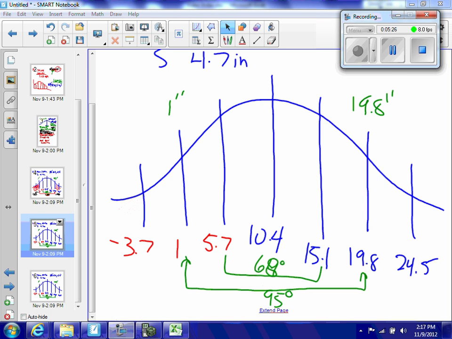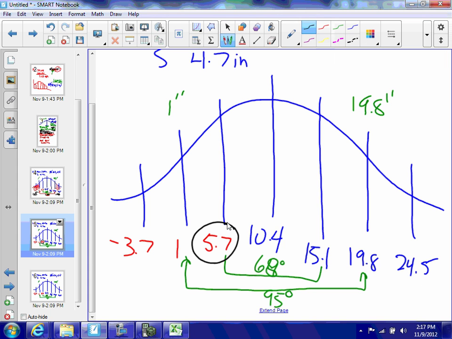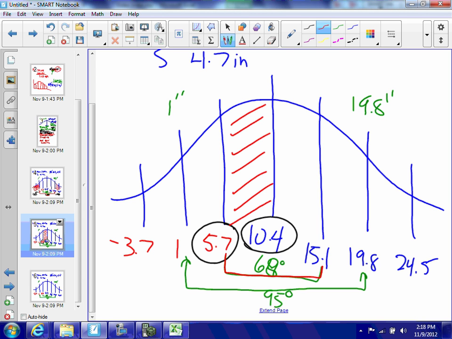The next question says, what percentage of the trees should fall between 5.7 inches and 10.4 inches? So we're trying to figure out what percentage is in this section of our normal model. Well, again, we know that between 1 standard deviation negative and 1 standard deviation positive is 68% of the values. Half of those are on the positive side, and half of those are on the negative side.